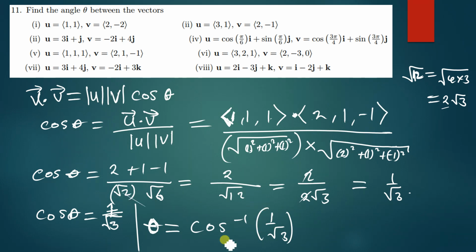So this is the angle. If you want, you can leave it like this, but if this is a special angle, if it's possible for you to find this angle, you can proceed and find the angle. This is how simple it is to find the angle between two given vectors. Let's also pick the last part here.